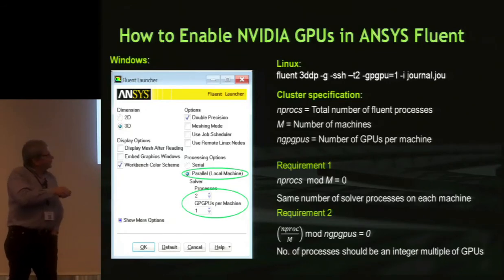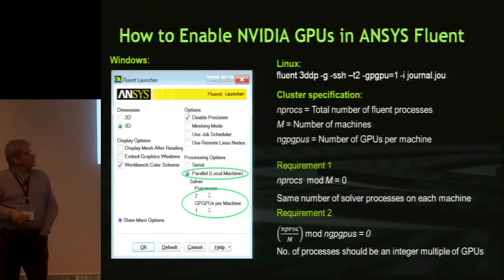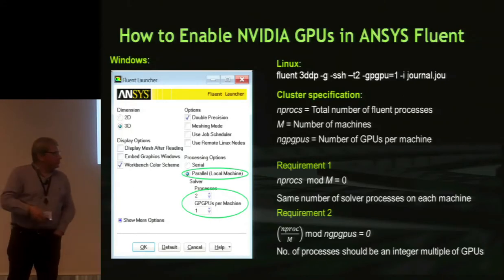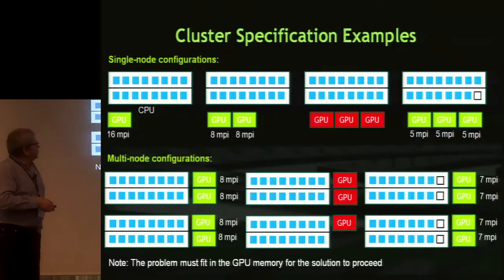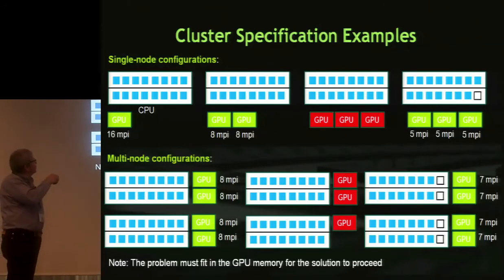And there are some requirements. For a run, the same number of solver processes on each machine, and the number of processes should be an integer multiple of GPUs, which means for a single node configuration, you can run a 16 core, or 16 process job with one GPU. You can also run this with 2 GPUs, so 8 MPI processes sharing one GPU.